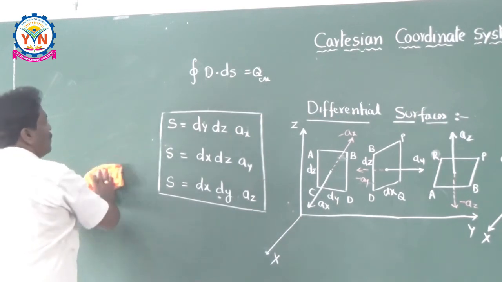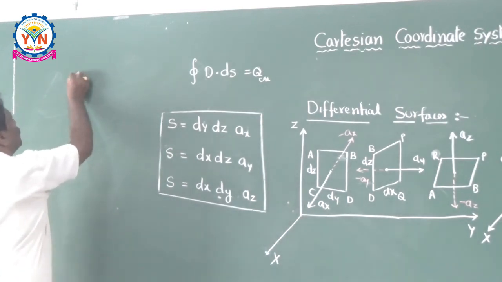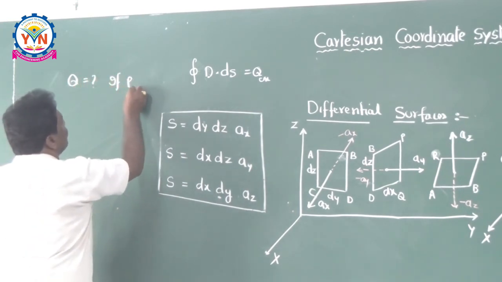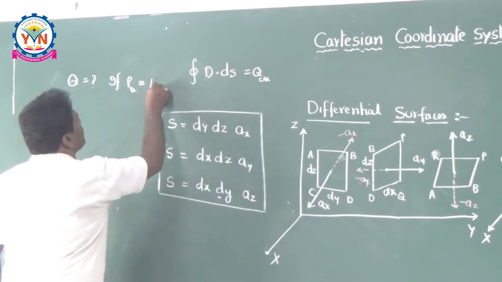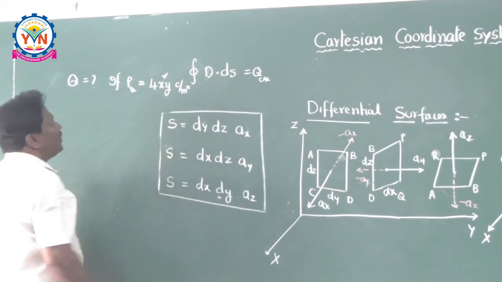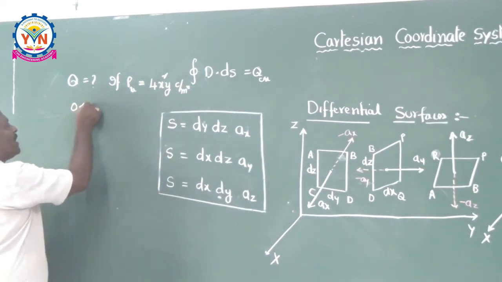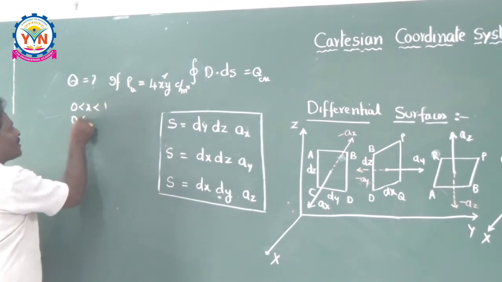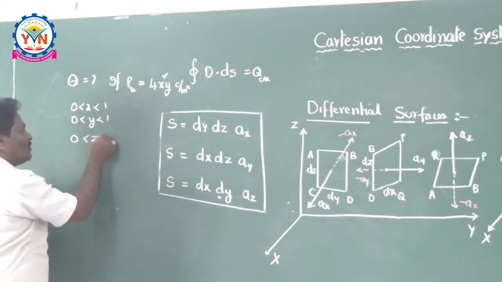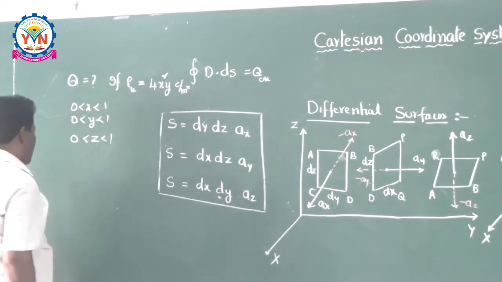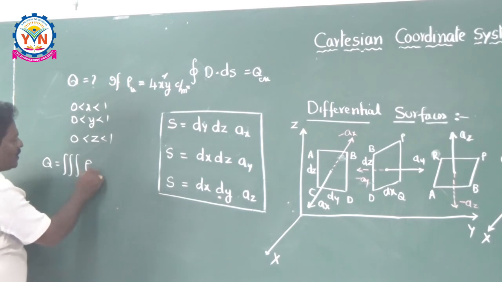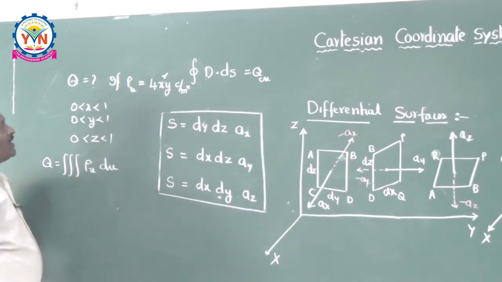What is the charge enclosed Q if rho v is equal to 4x squared y coulomb per meter cube, for the region given here: x between 0 and 1, y limits between 0 and 1, and z limits between 0 and 1. So the charge enclosed is equal to the triple integral of rho v into dv.